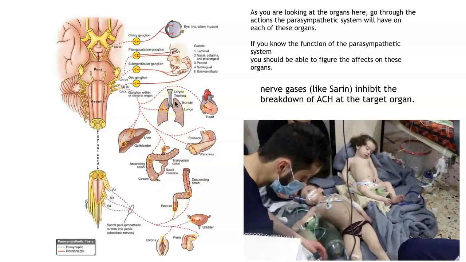That will kill you. How's it going to kill you? First, let's just start with, the eye's not going to kill you. Let's start with the salivary glands. If you have uninterrupted acetylcholine on these salivary glands, what's going to happen with your saliva? Massive amounts of saliva.